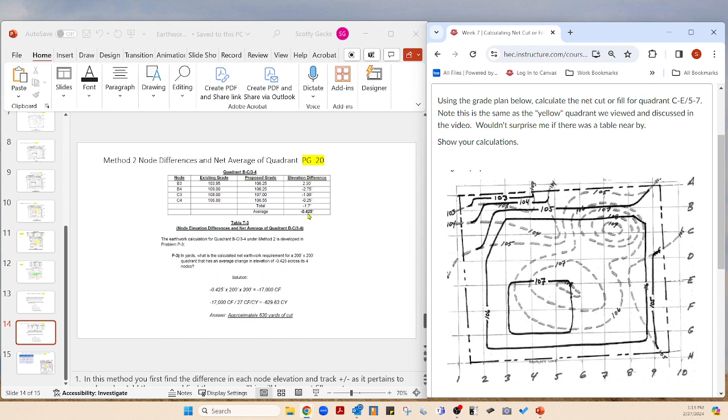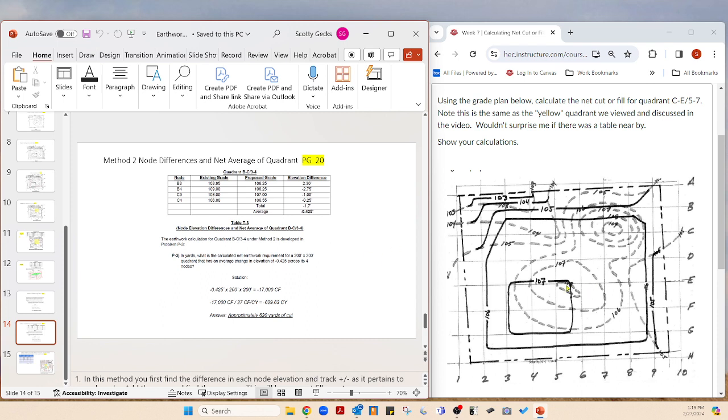That's your average difference, how much change is going to be between average existing and average proposed grade. So that's going to be your depth.